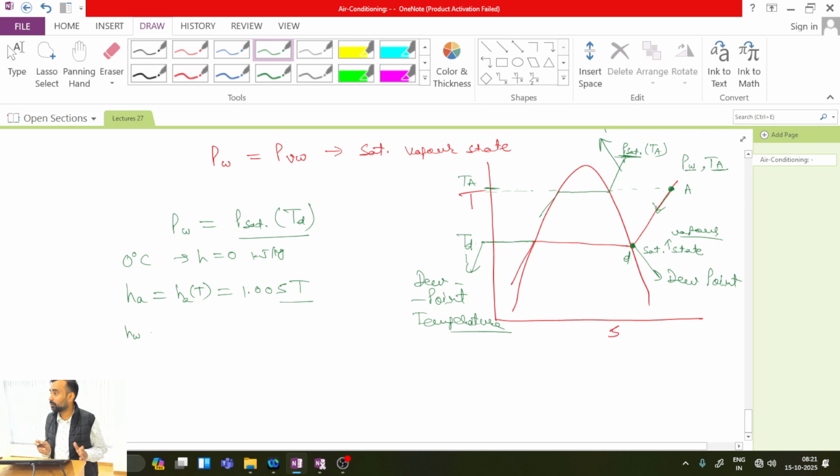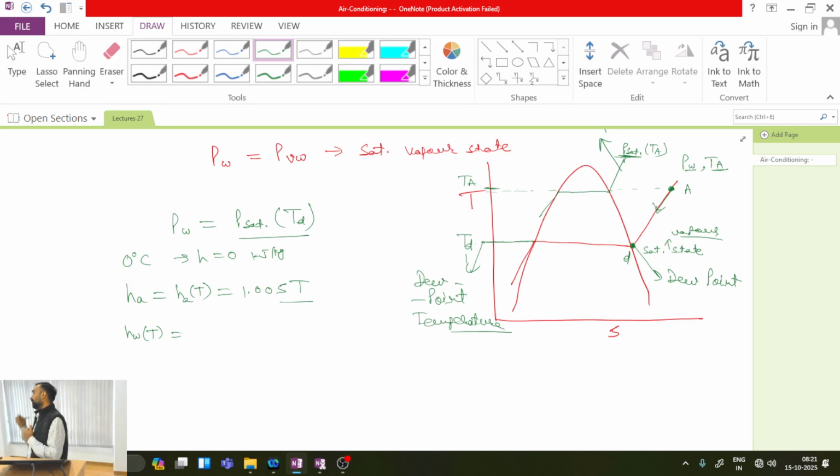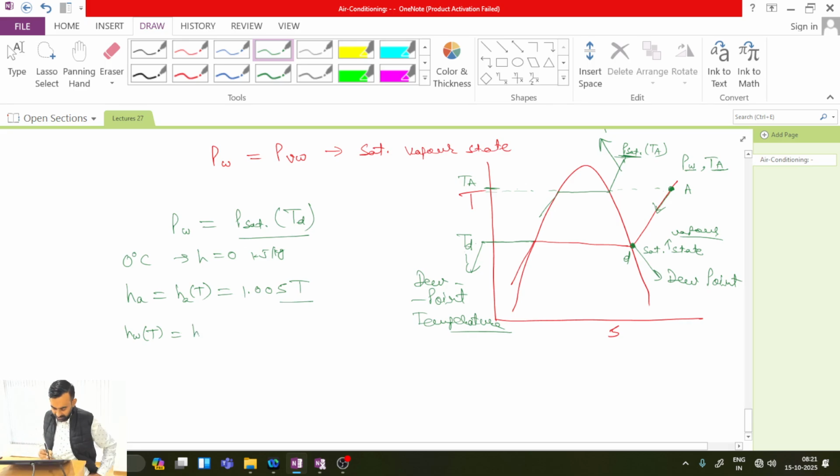Now for water vapor also, in the range of pressure in which we are operating, we found that enthalpy is again a sole function of temperature. But one interesting point, we found that whenever water vapor is present in the moist air, it will always be in the gaseous state. So if it is always in the gaseous state, I must write here enthalpy of gas. All are clear with this point?